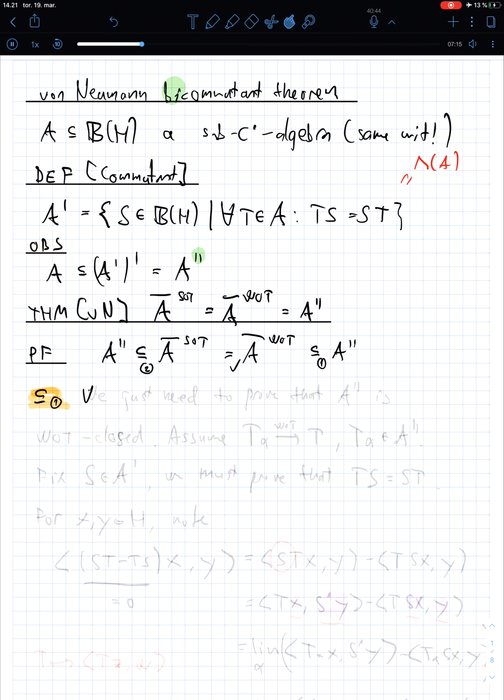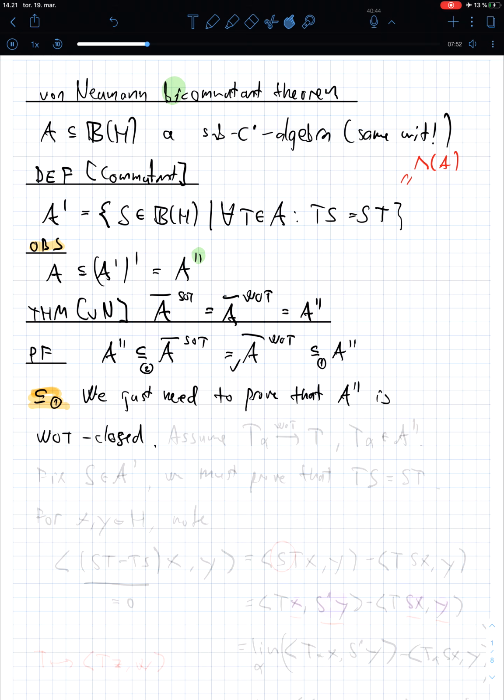So we just need to prove that A double prime is weak operator closed, because then of course we have the containment, since the closure is the smallest weakly closed set that contains A, and we've seen already by the observation, I guess I'm using that here, that A is contained in A double prime.